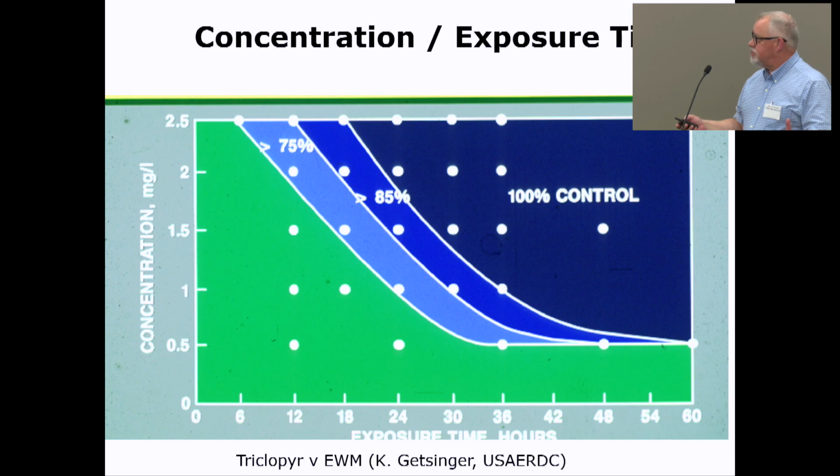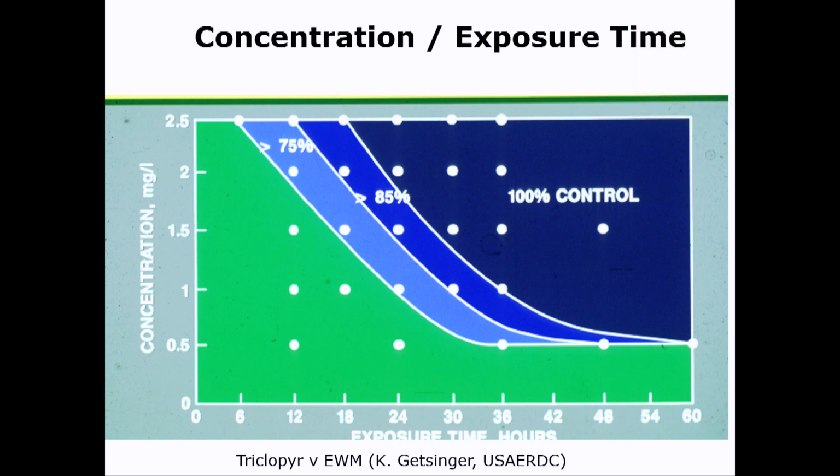I mentioned concentration exposure time. This is harder to explain than it looks, but basically for each herbicide and species, there'll be a profile of how long exposure time you require at a given concentration. So this is for triclopyr again and Eurasian water milfoil. The full label rate is 2.5 milligrams per liter, or ppm if you prefer.